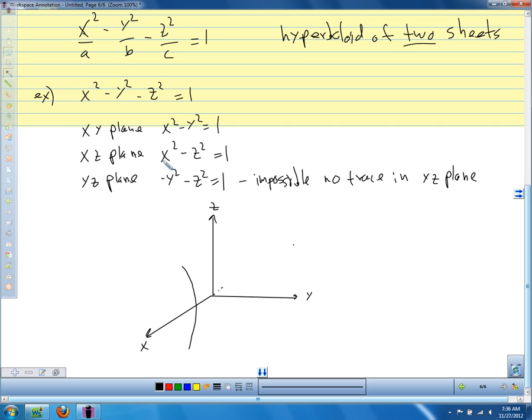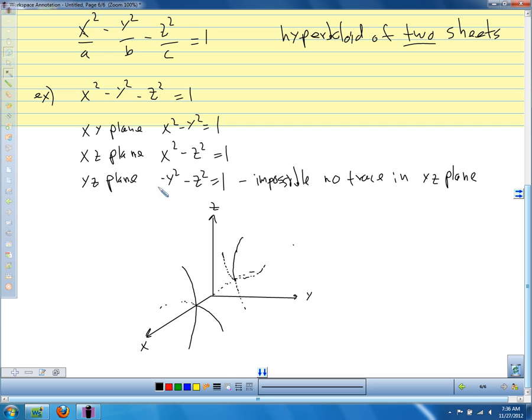This is in the xz plane, sorry. This is the xz plane. So I have a hyperbola like so. And in the xy plane, I have a hyperbola also. So my hyperbola goes like so. And same thing back here. And in the yz plane, I have no trace.